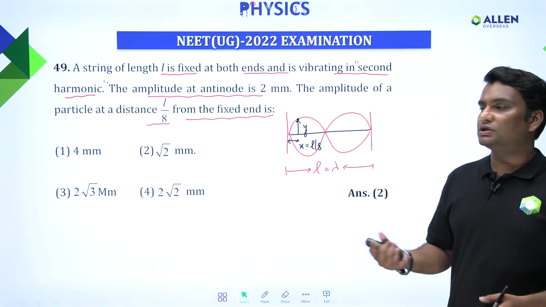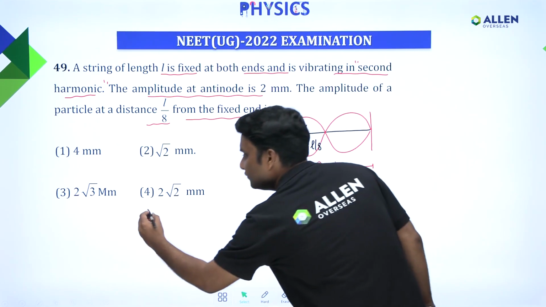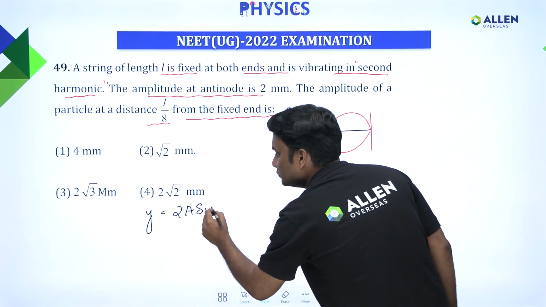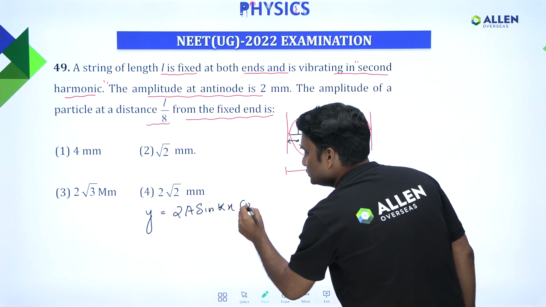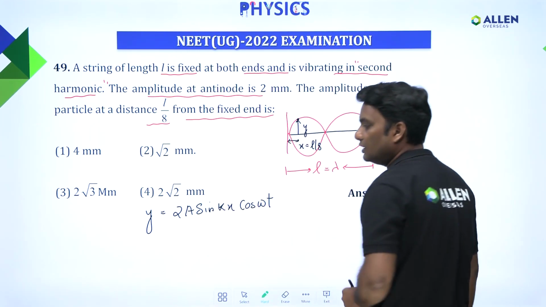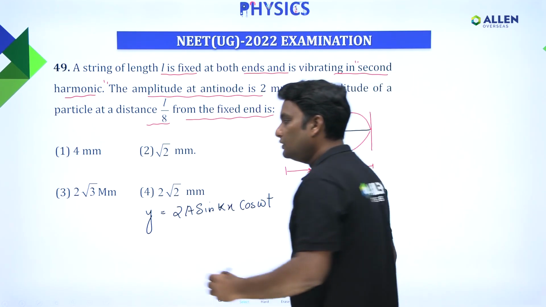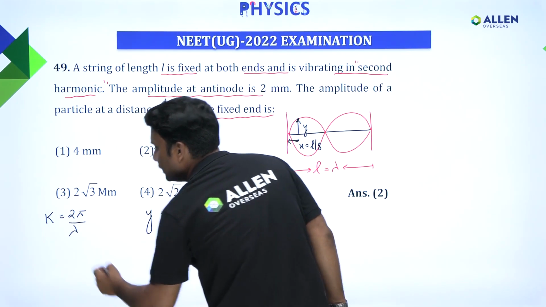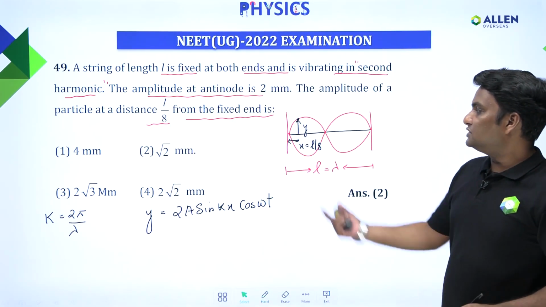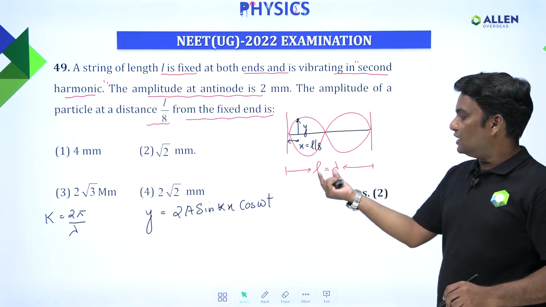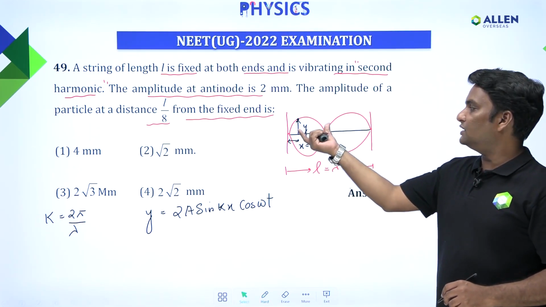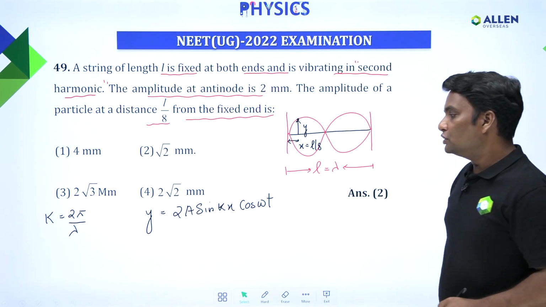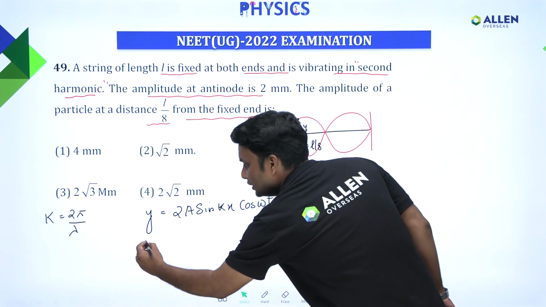So we know the equation of the string wave, y is equal to 2a sin kx cos omega t, where k is the propagation constant, which is equal to 2 pi by lambda. This complete length of the string is going to be equivalent to lambda, as we can see this is lambda by 2, so total it is lambda.